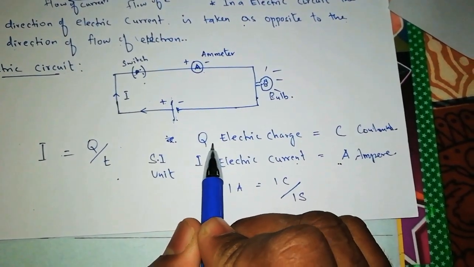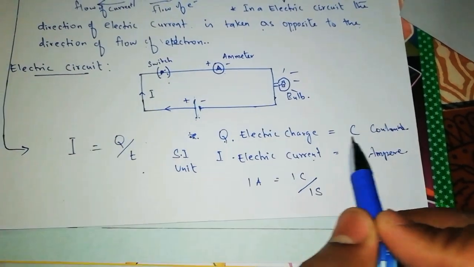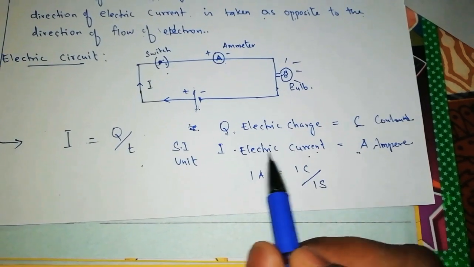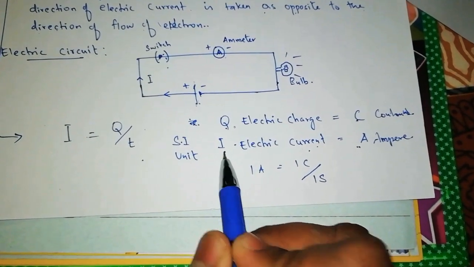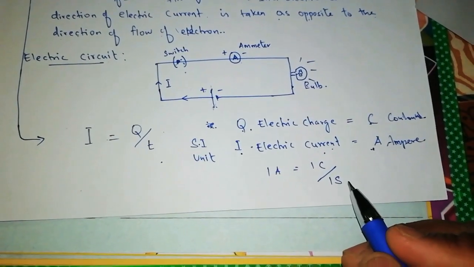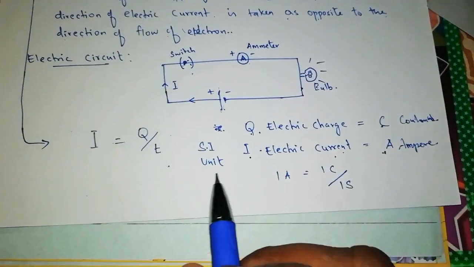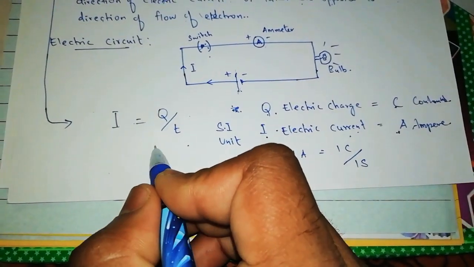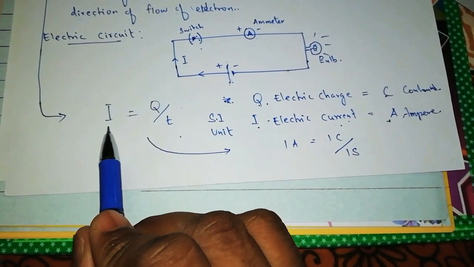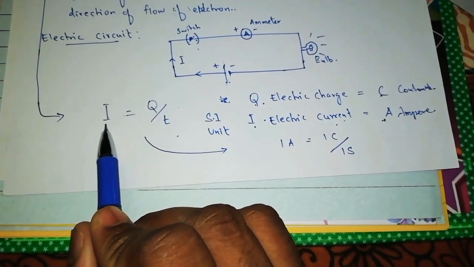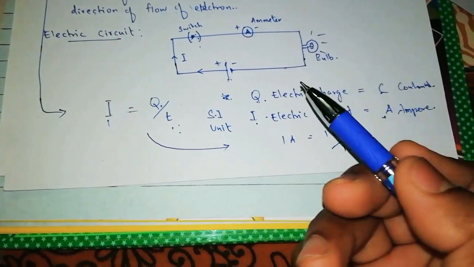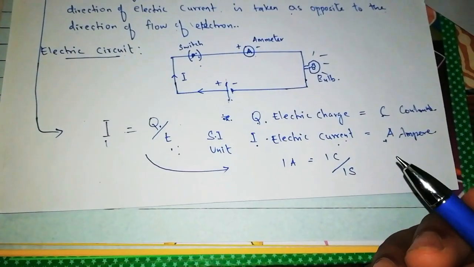Electric charge is represented by the letter Q and the unit is coulomb, C. Electric current is represented by the letter I and the unit is ampere. So what is the SI unit of all? It's very simple. You can write the SI unit using this formula itself. What is the unit of I? It's ampere, right? Q is coulomb, and T is time. Time we always represent in seconds.